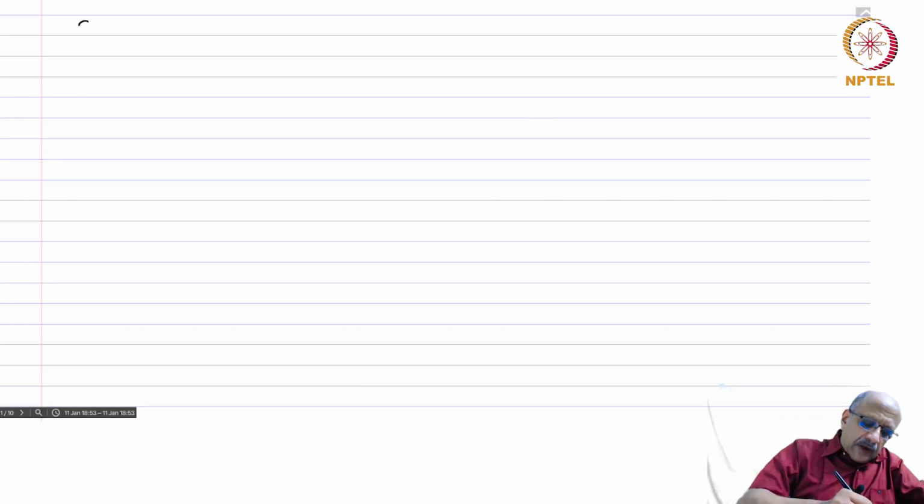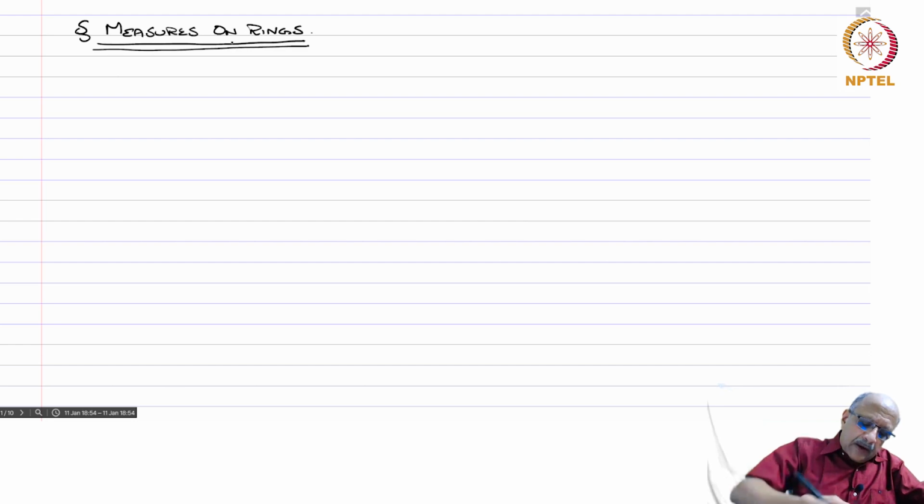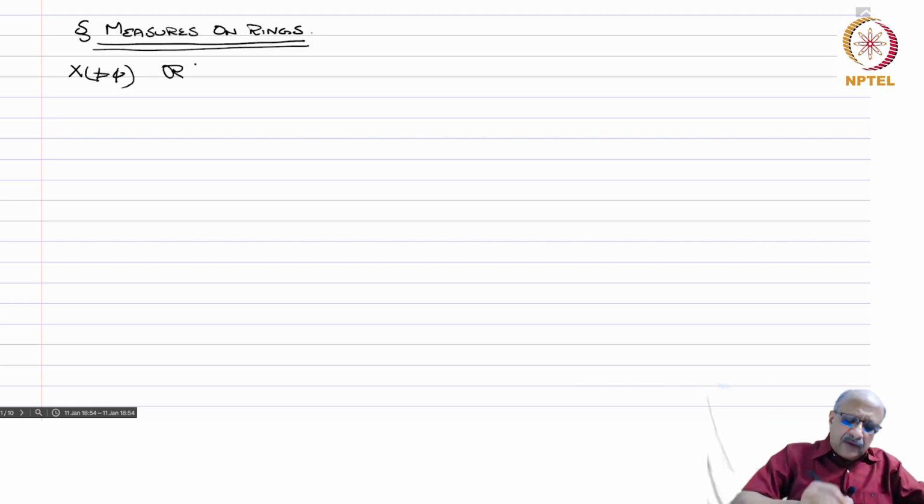We will now study measures on rings. Recall X is a non-empty set and R is a collection of subsets which is closed.